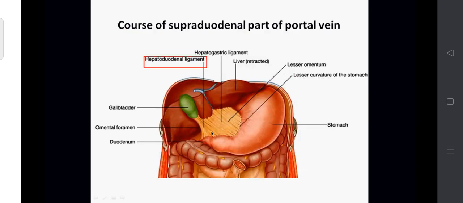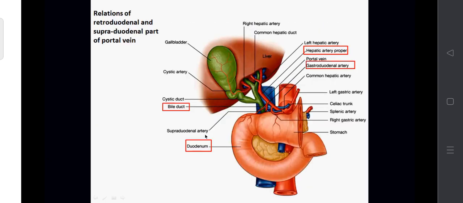Here we can see this lesser omentum. It has got a right free margin. The right free margin of lesser omentum contains the structures portal vein posteriorly and these two structures anteriorly, that is hepatic artery in the upper part, gastroduodenal lower part, and bile duct and common hepatic duct to the right of the blood vessels.